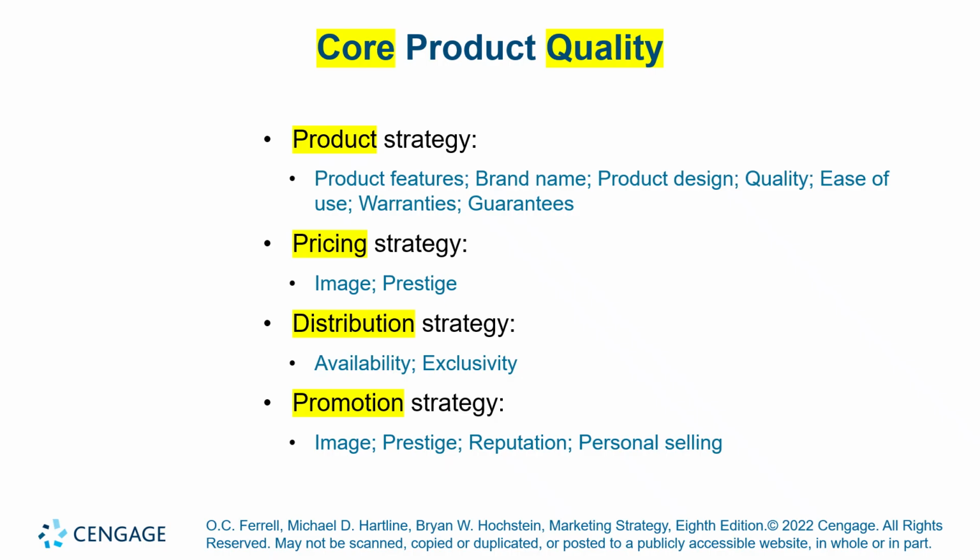Sometimes exclusivity will add value, add quality. Improve your promotion strategy, your product's image, the prestige and reputation of the company, personal selling. These all add to core product quality.